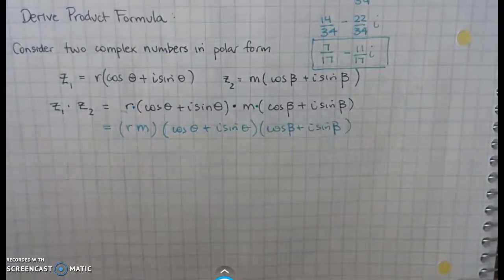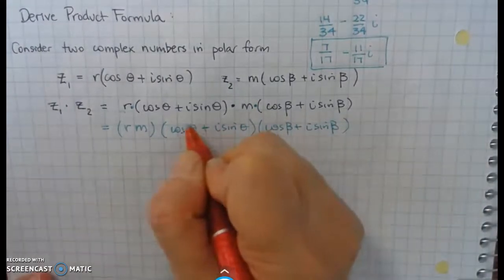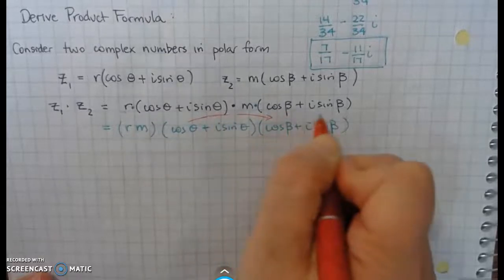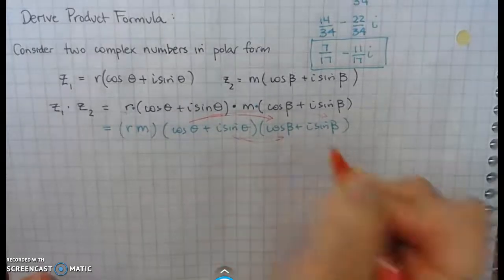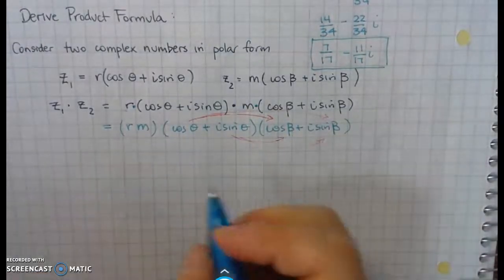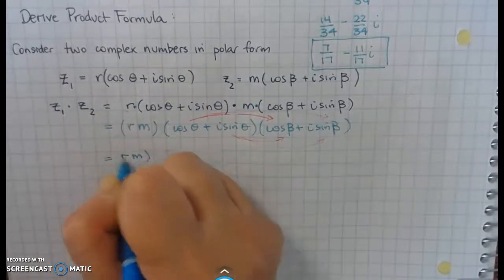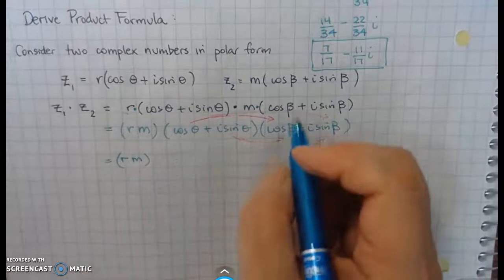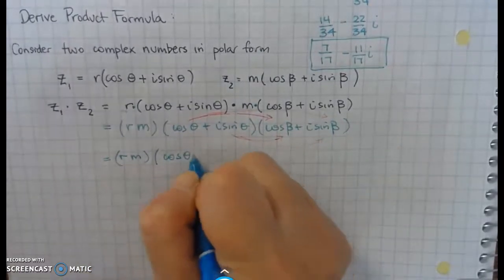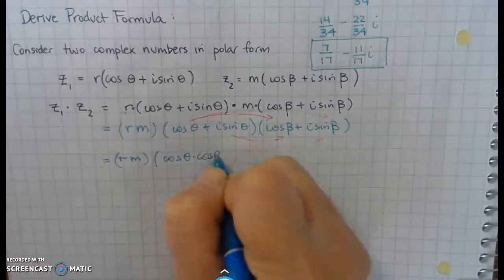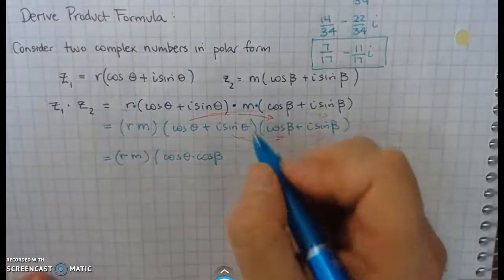And then from here, when you're multiplying two things in parentheses, you just need to use distribution, don't you? So you're going to do the same thing that you've been doing. Okay, so this just simplifies to rm multiplied by cosine of theta times cosine of beta. We're just multiplying using FOIL or distribution, whatever you like to call it.